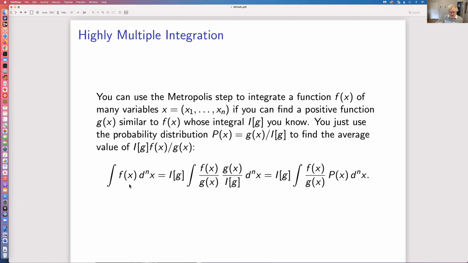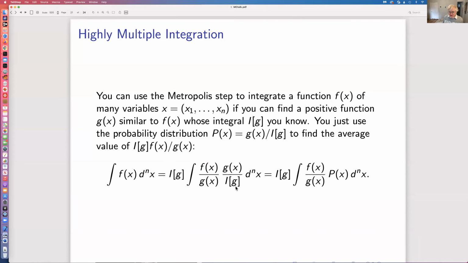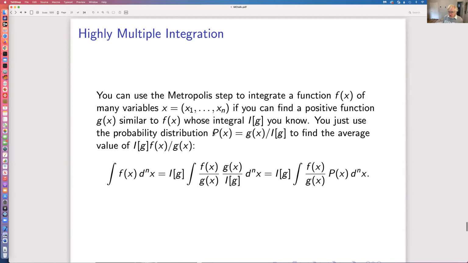So in other words, this is equal to that. This g of x over I of g you call your probability distribution. And so then you do the Metropolis step not with the Boltzmann distribution, but with this p of x. And you then measure the ratio f over g.